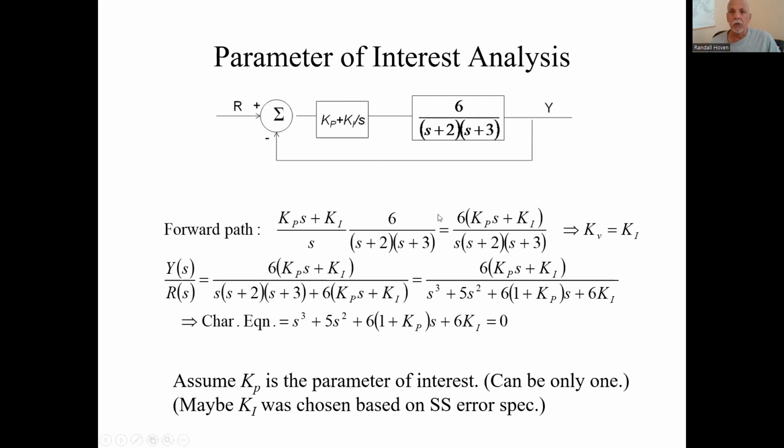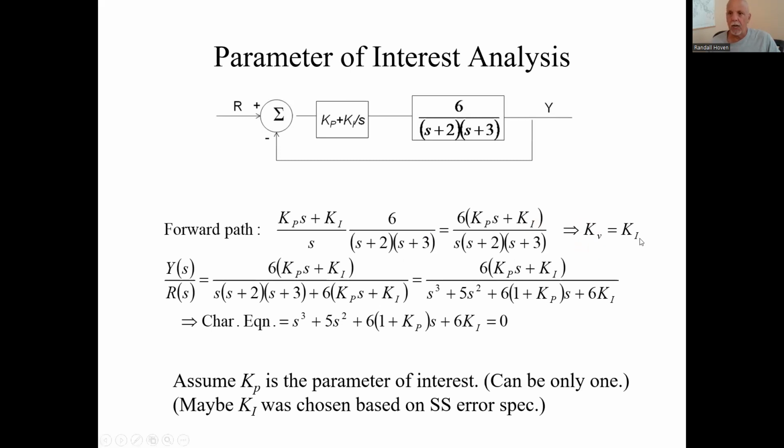Unity feedback, so you could do a little bit of steady state error analysis. You can look at it, know it's a type 1 system, and then you take that out of it, evaluate it at S equals 0, you get 6 over 6, which is 1, or it's just K sub I. That's your error constant for that type 1 system.